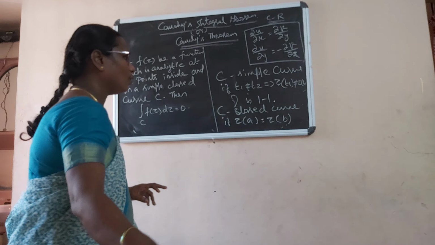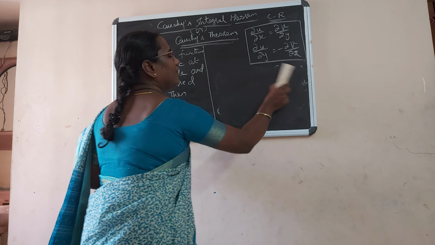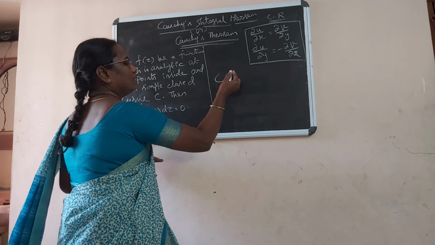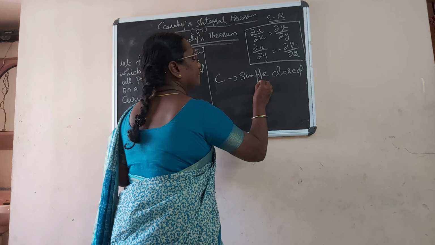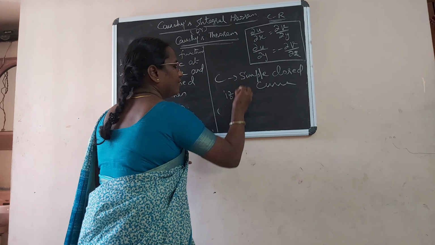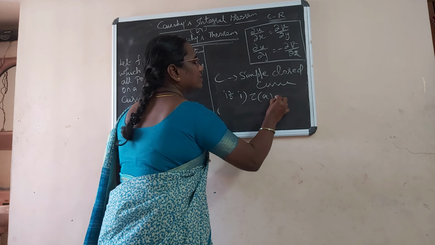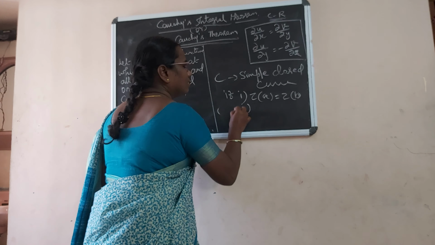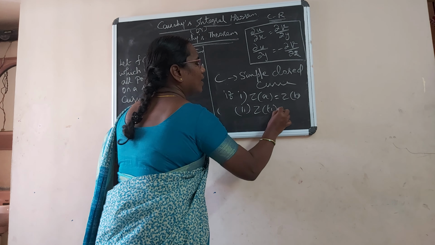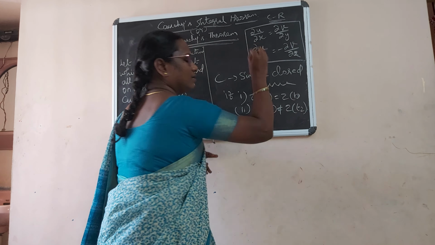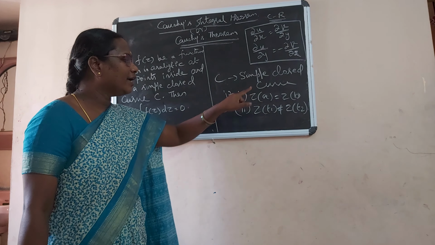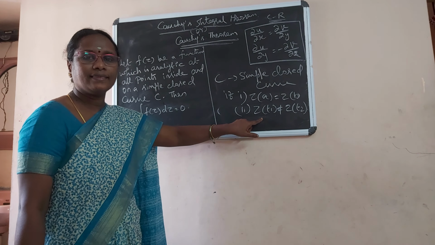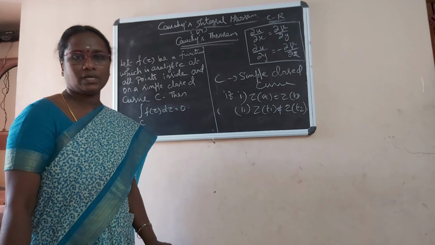The curve C is a simple closed curve if z of a is equal to z of b and z of t1 is not equal to z of t2. If it satisfies these two conditions, then we say that C is a simple closed curve. Now, let us go to the theorem.